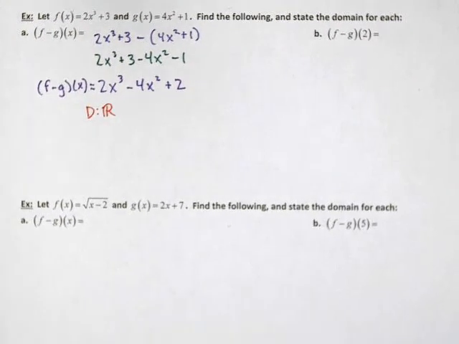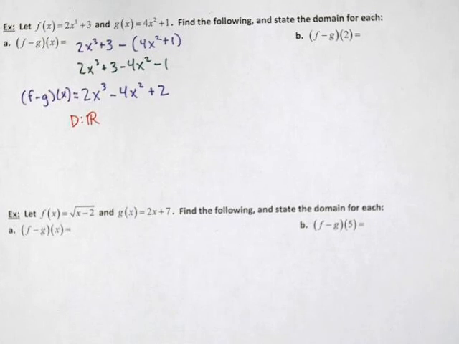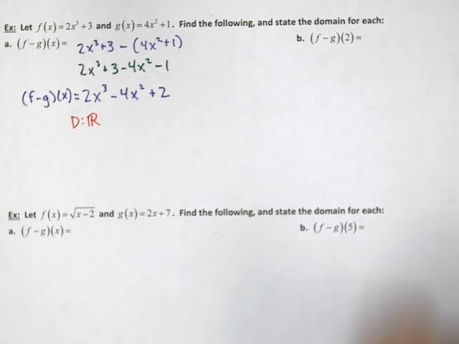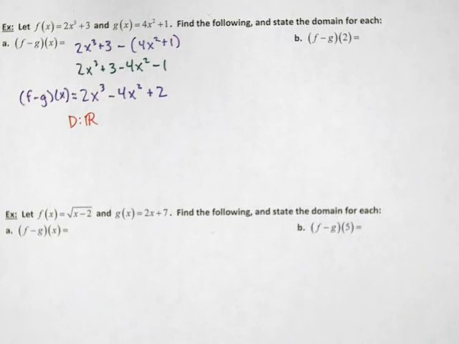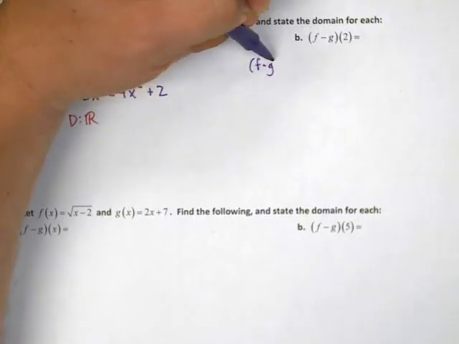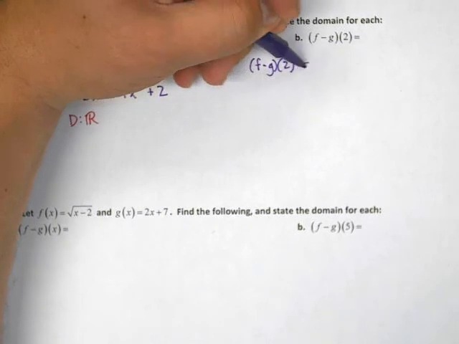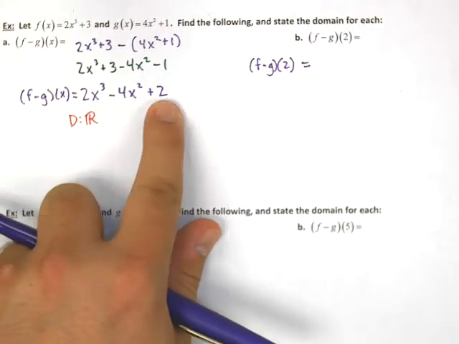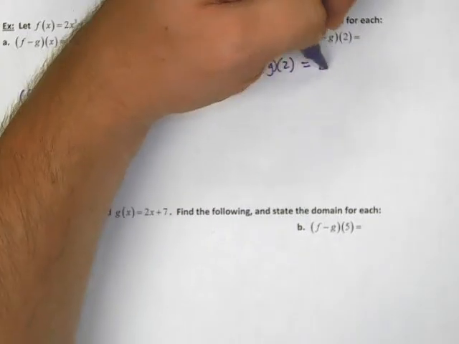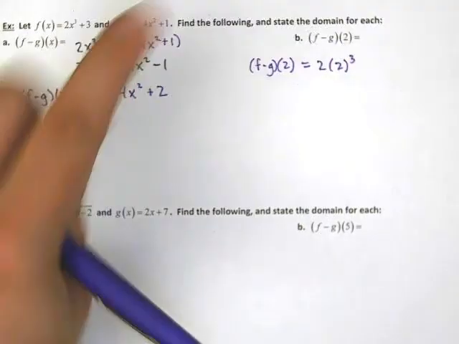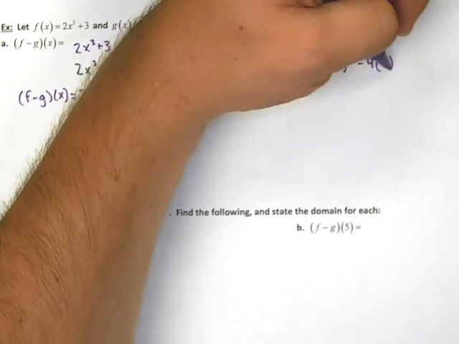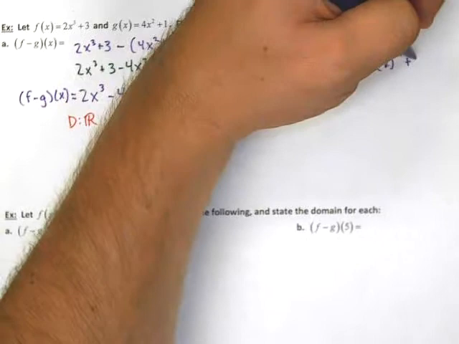Now, the very last part, or part B, we know that because the domain is all real numbers, we are going to be able to get a value when we plug in 2. So we're really just going to do it, okay? I'm going to say f minus g of 2 equals, and I'm just going to plug 2 into my function, okay? So 2 times 2 cubed minus 4 times 2 squared plus 2.